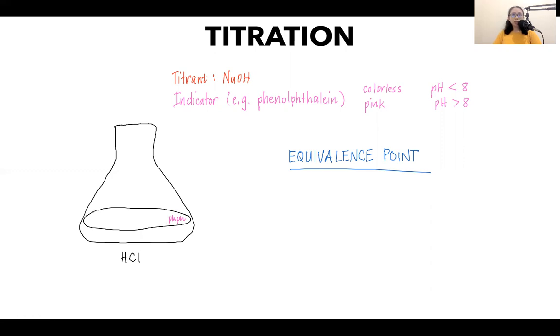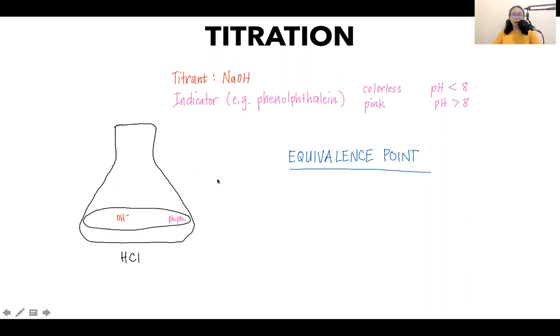But if we add a very little amount of our sodium hydroxide solution, just a tiny amount, such that the pH will slightly increase, that slight increase in pH will cause this solution to be slightly basic, right?